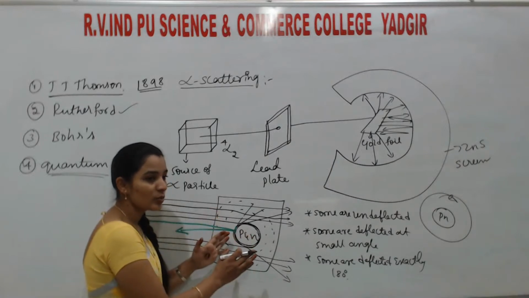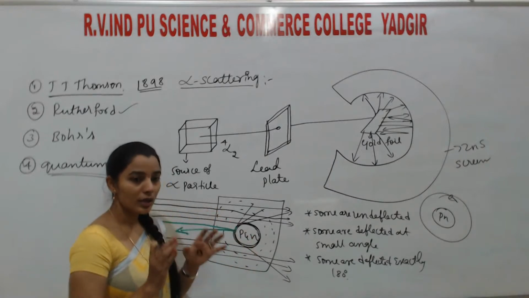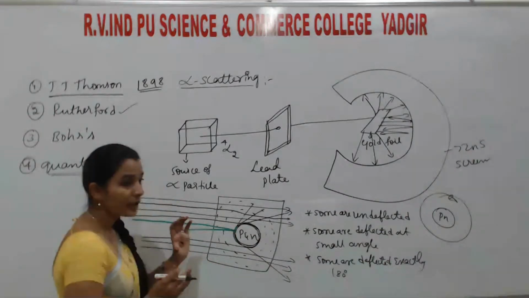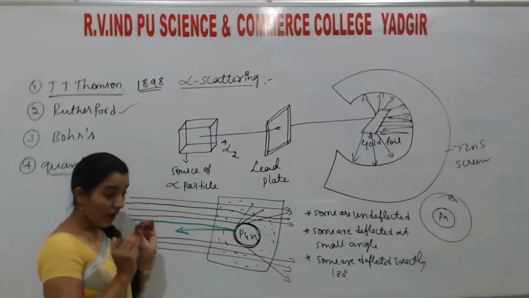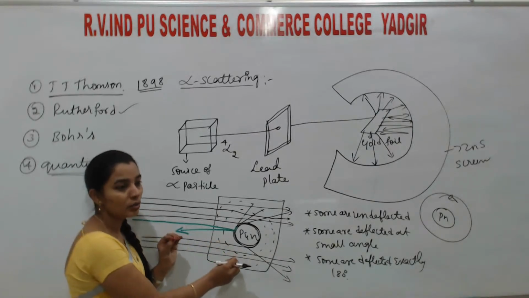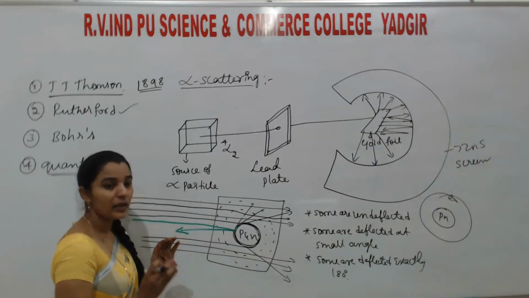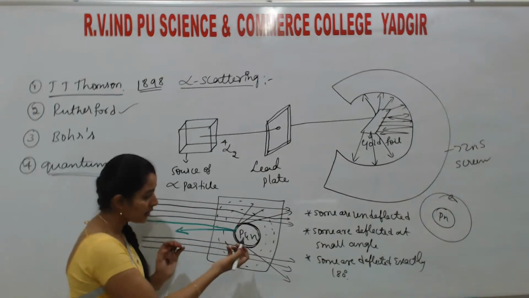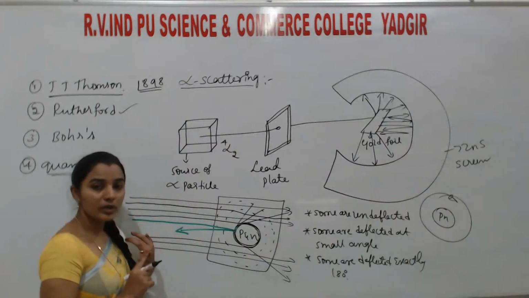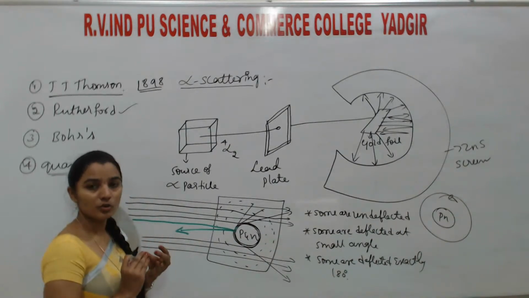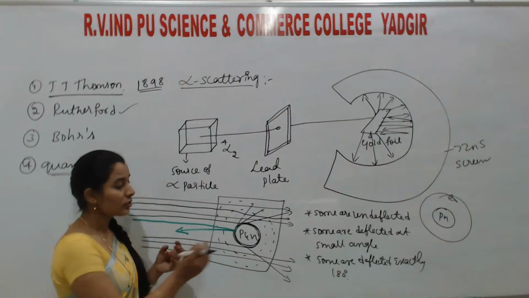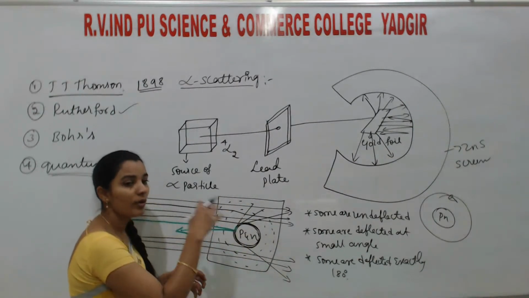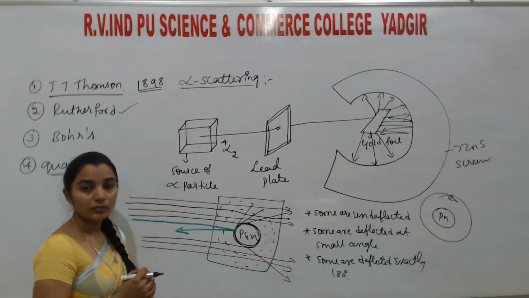Okay. So from this experiment, we came to know that in an atom, a concentrated mass is there. That mass is called the nucleus. The nucleus consists of protons and neutrons. The volume of the nucleus is negligible compared to the volume of the atom.